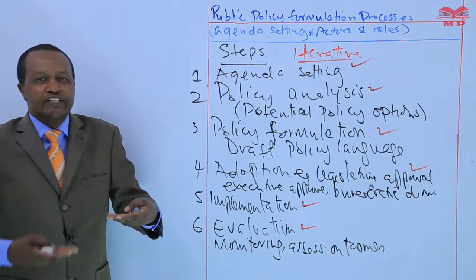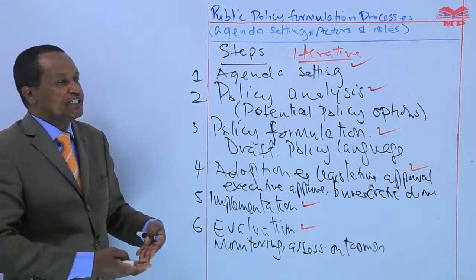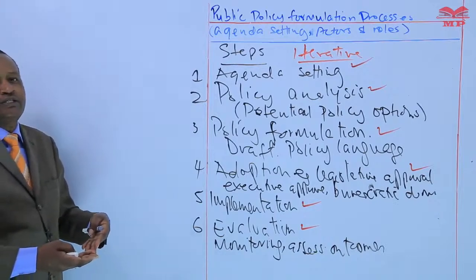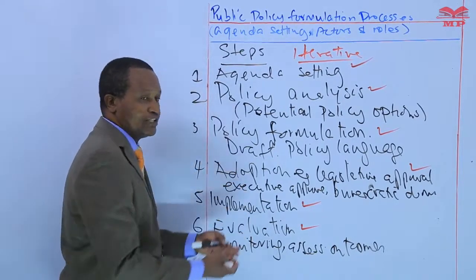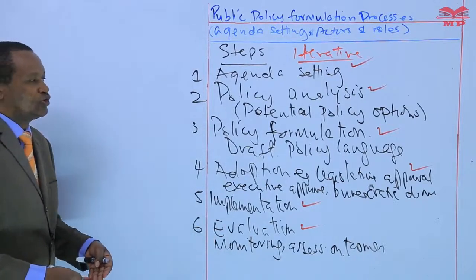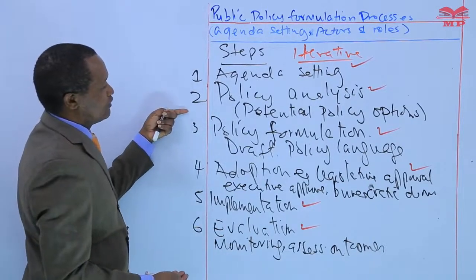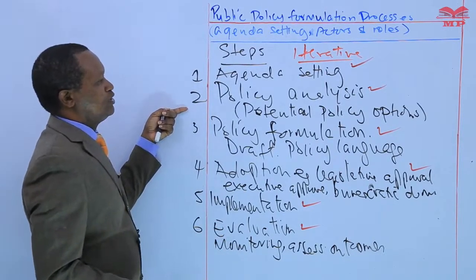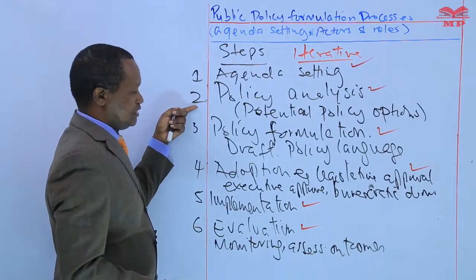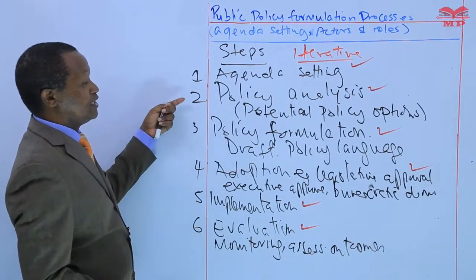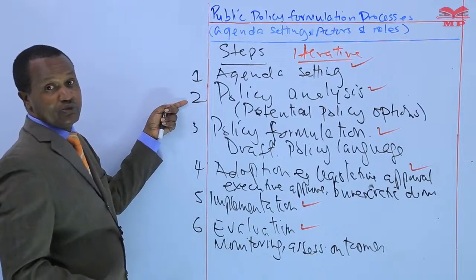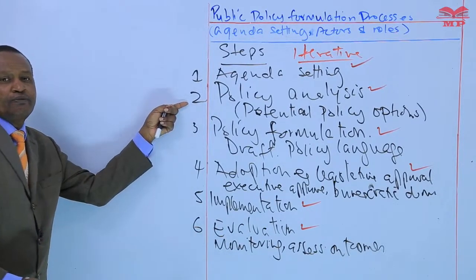Policymakers may need to revisit earlier stages of the process as new information or new insights emerge. There could be some information that was not available to policymakers during the policy analysis. So if new information emerges during evaluation, then adjustments will be made to the policy.